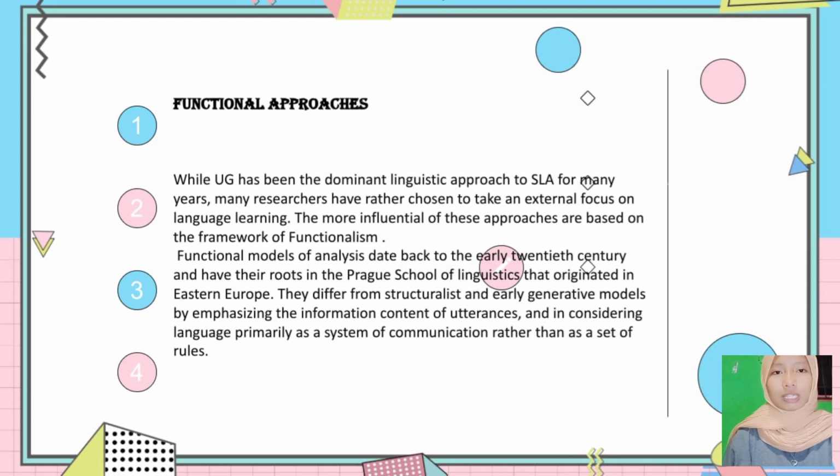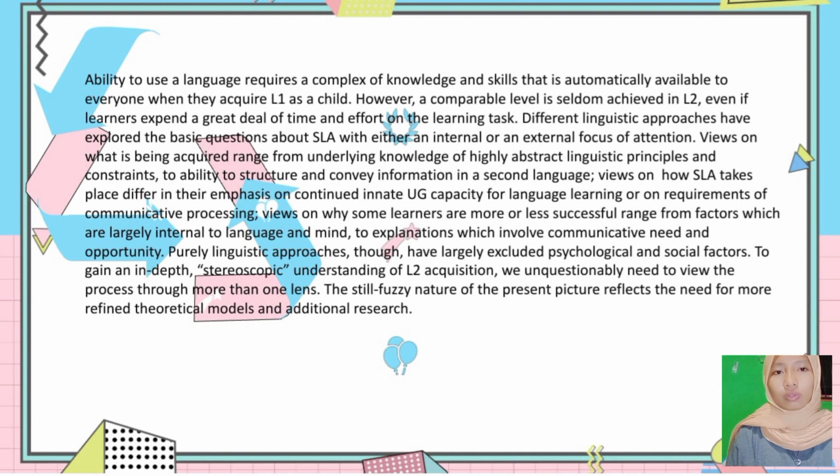And for the last, the ability to use a language requires a complex of knowledge and skill that is automatically available to everyone when they acquire L1 as a child. However, the comparable level is seldom achieved in L2, even if learners spend a great deal of time and effort on the learning task.